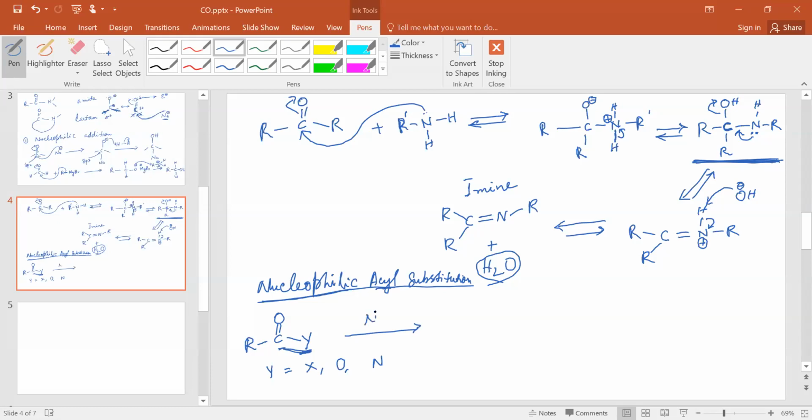Suppose there is a nucleophile. It will react the same way here, so you get the O minus, the nucleophile and Y. Here the O minus is electron donating, because of the negative charge and very high electron density, and Y behaves as a leaving group.